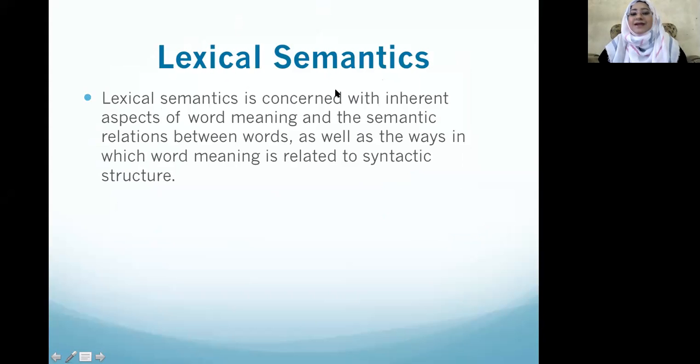It is the inherent aspect of word meaning, in which we study the semantic relation between words, as well as the ways in which word meaning is related to syntactic structure, how the words are related to syntactic structure in a sentence. How does it give meaning? That in detail we study in lexical semantics, right?